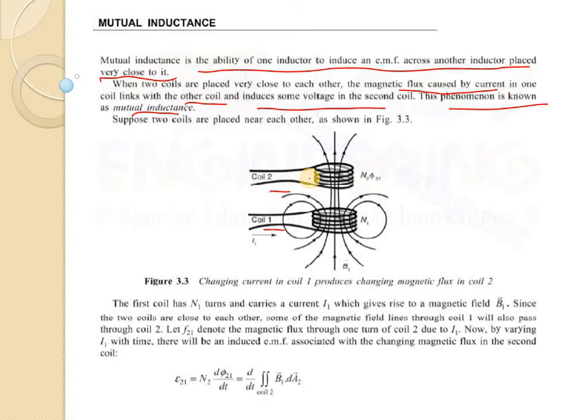Let phi 21 denote the magnetic flux through one turn of coil 2 due to I1. Now, by varying I1 with time, there will be an induced EMF associated with the changing magnetic flux in the second coil.